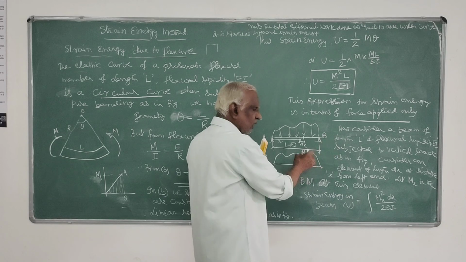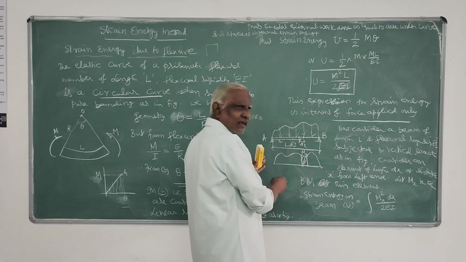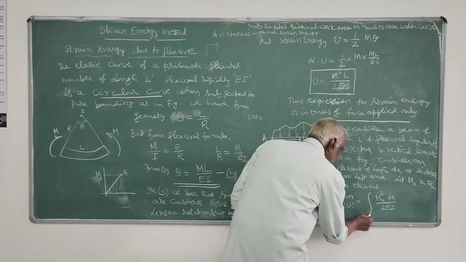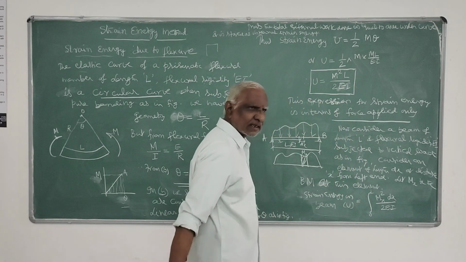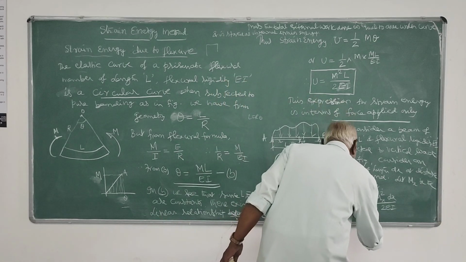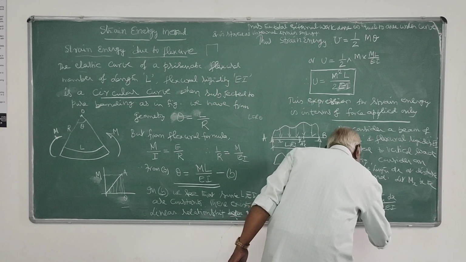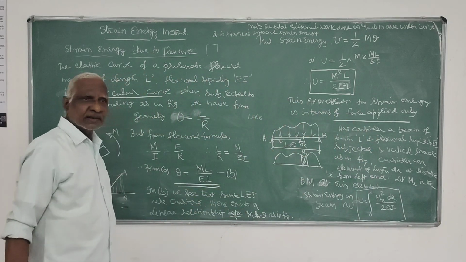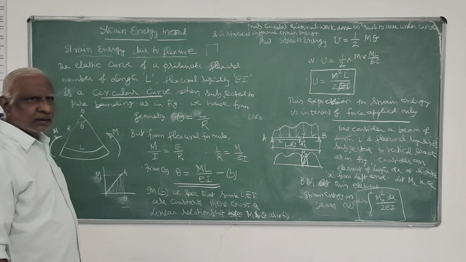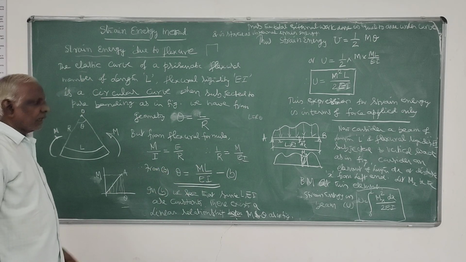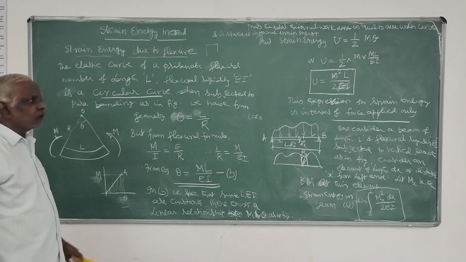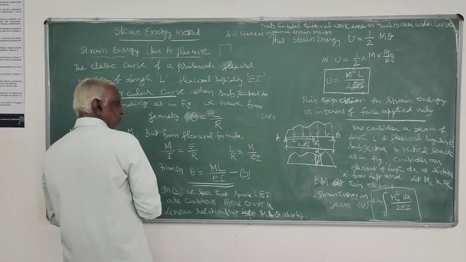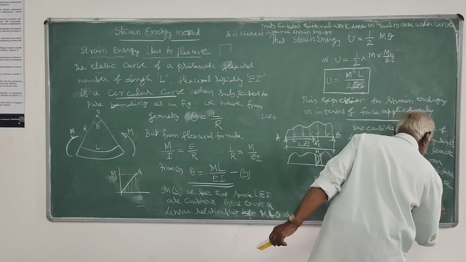In the beam, like that I can have a number of elements taking from x equal to 0 to x equal to L, or in other words, integral of Mx squared dx by 2EI. This is the expression for strain energy due to bending in a beam, due to force only. So similar to that, you can write it in terms of displacement. So this you call it as equation 2.